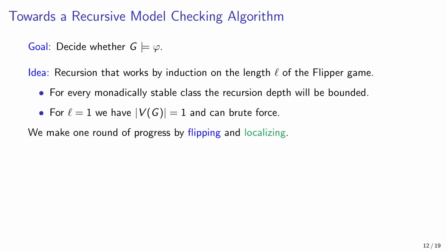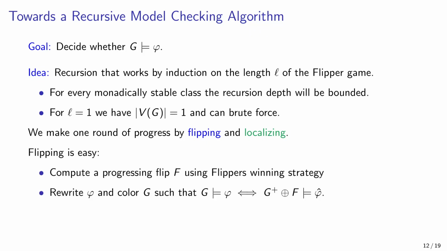So how do we go into the induction? We have to somehow make progress in the flipper game, and this means we have to do some flipping and some localizing. We have to do some operations that simulate flipper's and localizer's moves. And the flipping is easy.